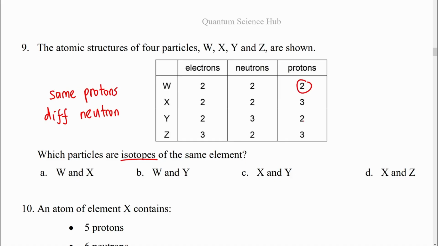Same number of protons, so these and these, or maybe you can say these and these, but different number of neutrons. Here, W and Z still have the same number of neutrons, right? So in that case, you can choose W and Y because the neutron number is different, but they have the same number of protons. So this is very easy. The correct answer is B.